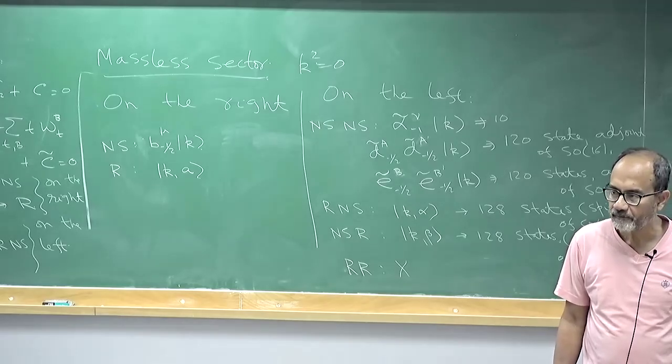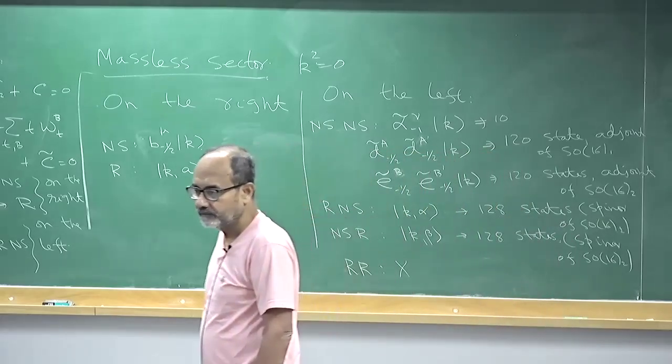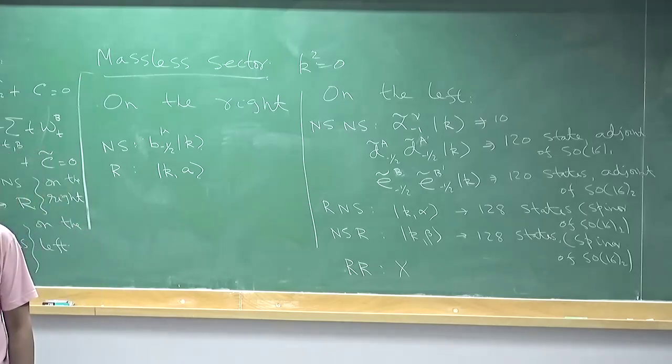But once I know the E8 adjoint representation, I can show that it will split into 120 plus 128. But what would it mean? I understand the adjoint of SO(16), but what will the splitting of the algebra look like?